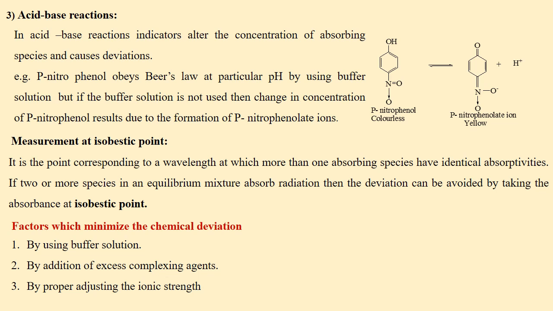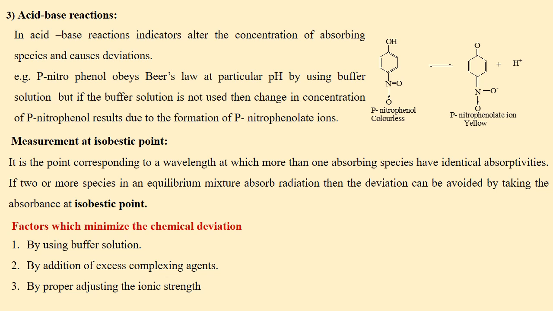You should buffer the solution. While taking measurements of absorbance or transmittance, we must add a buffer solution, or in order to avoid some chemical reaction we sometimes add a complexing agent, and we also adjust the ionic strength of the solution.